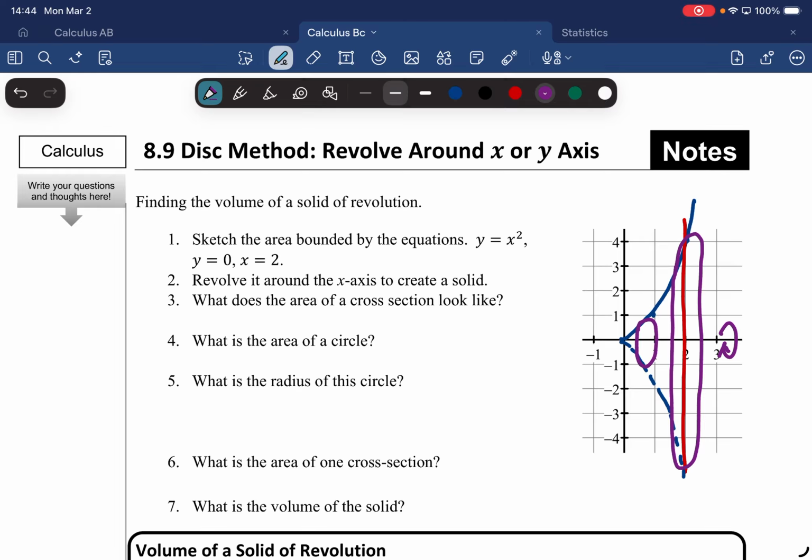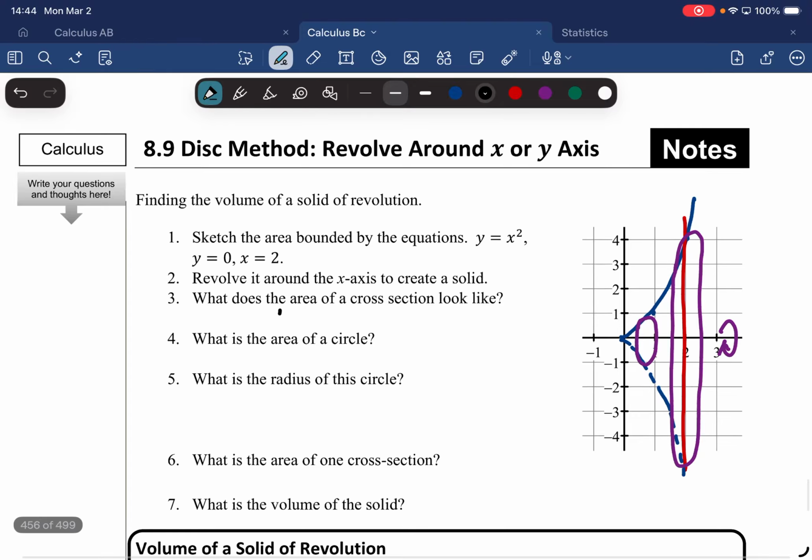So we just said that the area of a cross section is going to look like a circle, because if we revolve around something, we're spinning around it, so we're constantly creating a circle. And what is the area of a circle? Pi r squared. In this case, r, the radius, is going to be what?